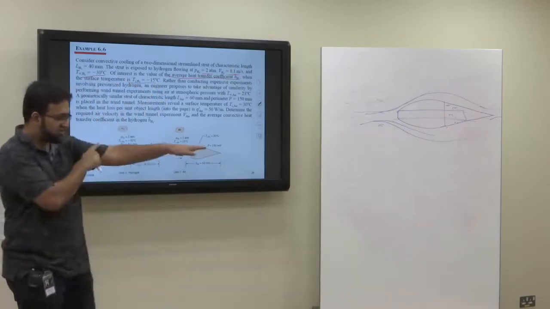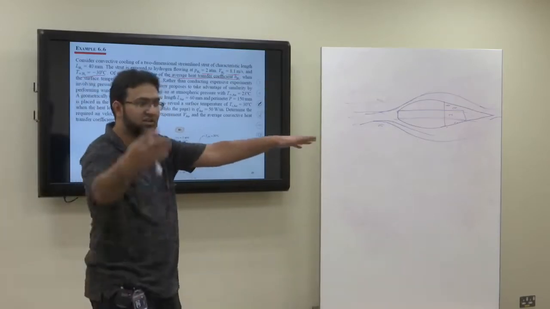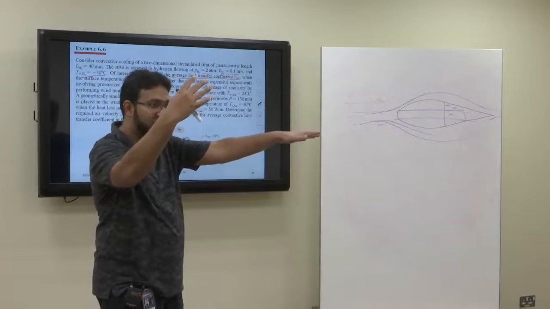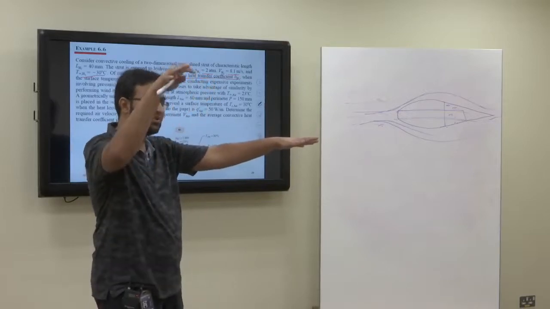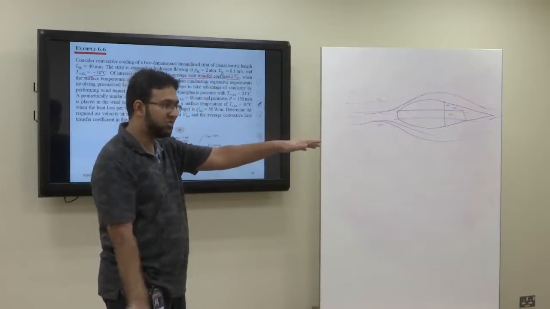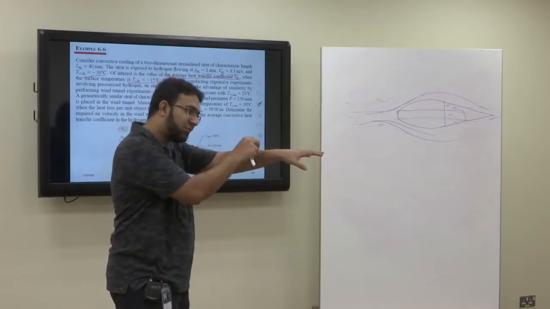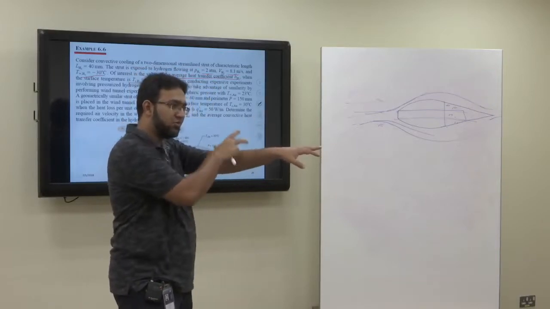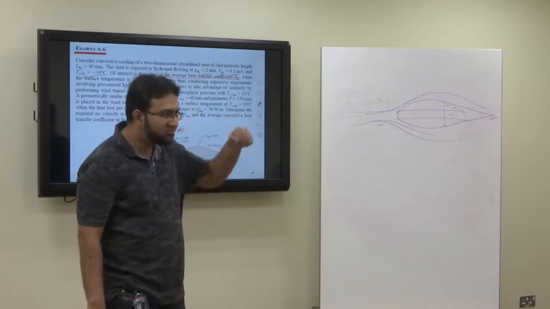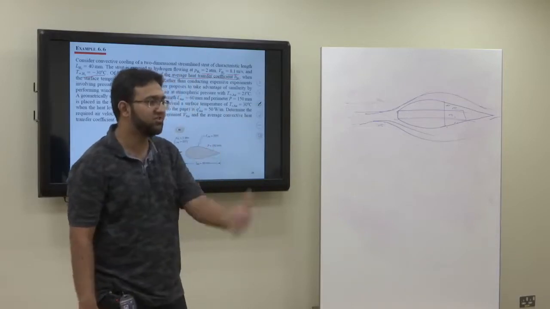So the strut is at negative 15 and the hydrogen is at negative 30. Obviously the hydrogen is at lower temperature than the strut, so some of the heat from the strut will be rejected out, and we need to find the average heat transfer coefficient.